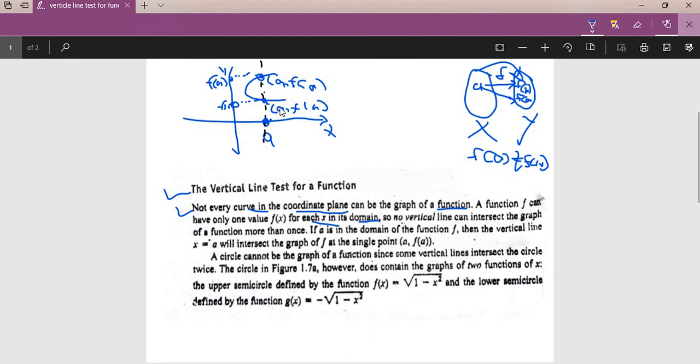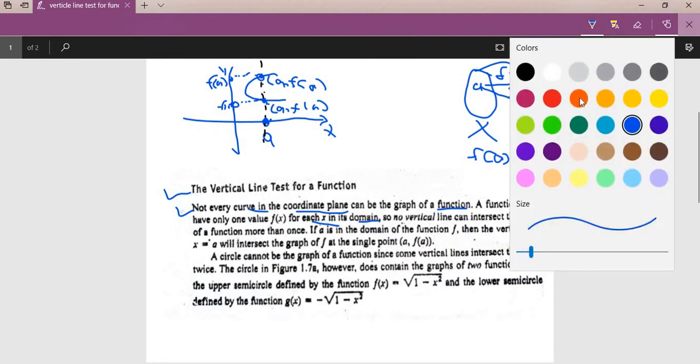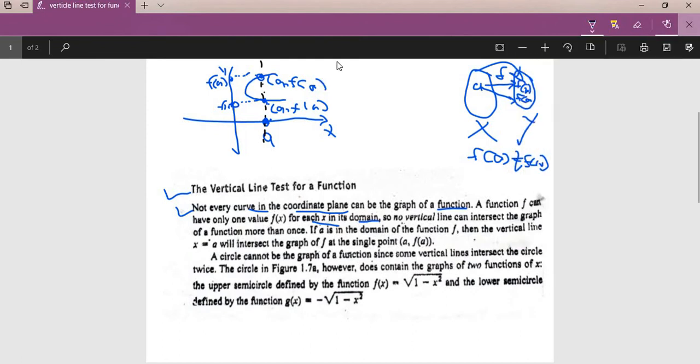So this is a curve, and we draw a vertical line, but the vertical line touches the curve at two points. One point is this and the other point is this. For the input a, we are getting two outputs.